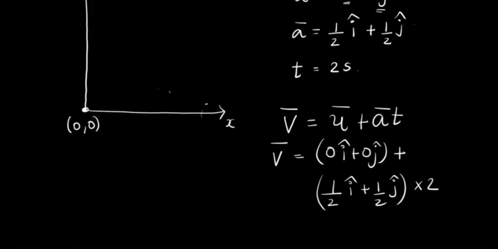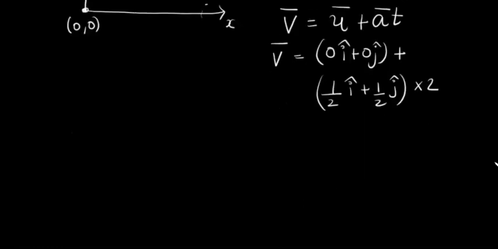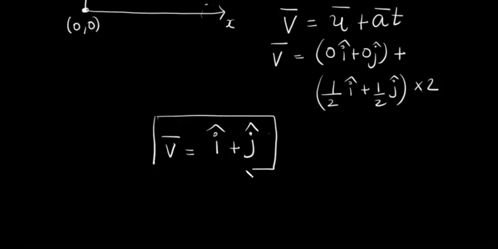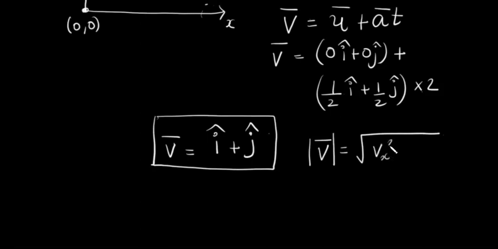So what I am getting finally is this. Since the initial velocity is 0, I am not going to consider that. So 2 into half is i plus 2 into half j is j. So the final velocity is i cap plus j cap. This is a vector, and if I want to find the magnitude of this final velocity, it will be the square root of x component square plus y component square.